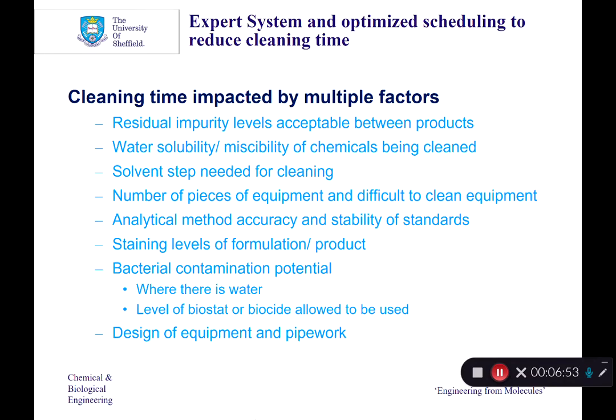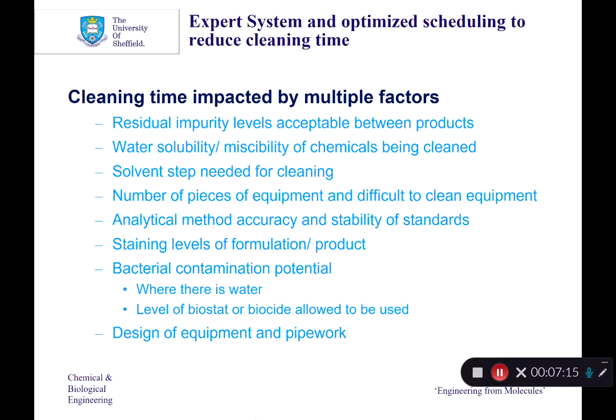And the stability of standards can have a huge impact. In labs that I've managed, we've had standards that last less than a day and standards that are stable for years. So clearly that can make a huge difference, and often not considered when optimizations are done.